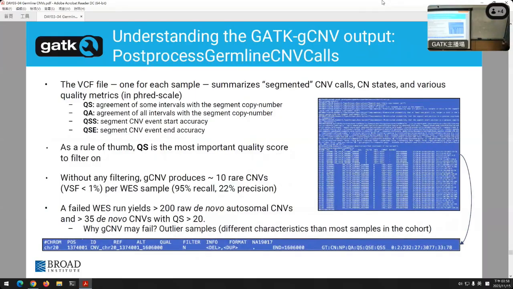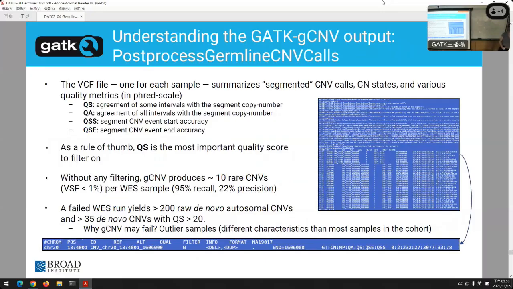Okay, and what is the output of PostprocessGermlineCNVCalls? It is a single sample VCF with copy number variant calls. Each CNV call has a few different quality metrics.